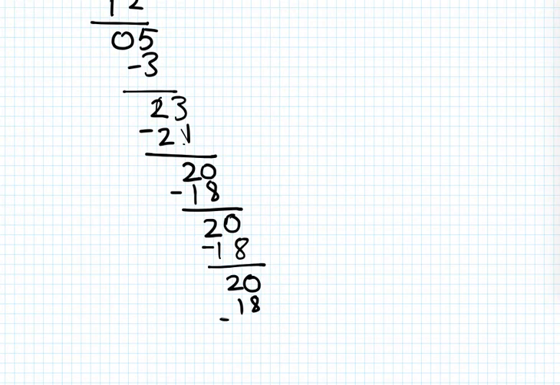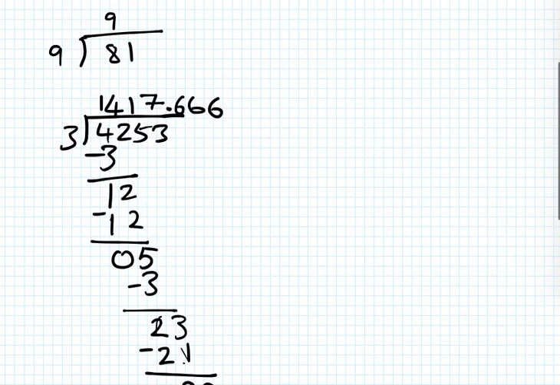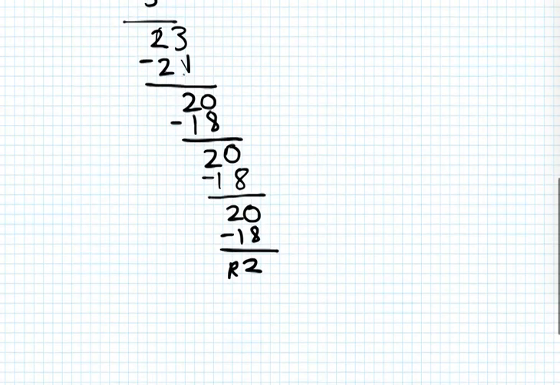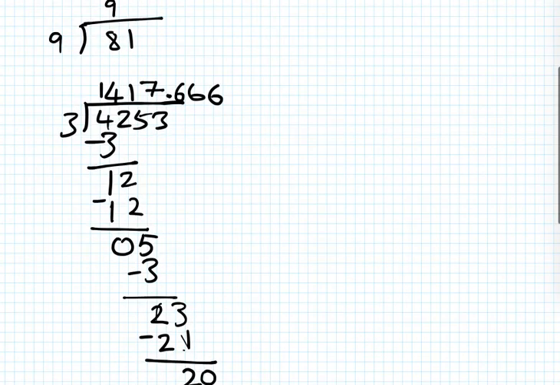Subtract these from one another and you're left with 2. Now we've got no more zeros left, and we've used up our decimal. So we say this is a recurring 2. So the answer to 4,253 divided by 3 is this one right here.